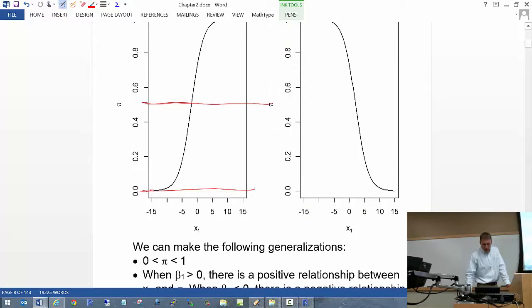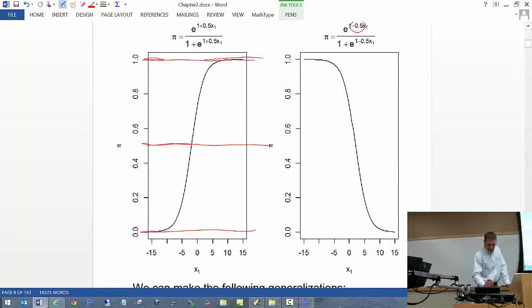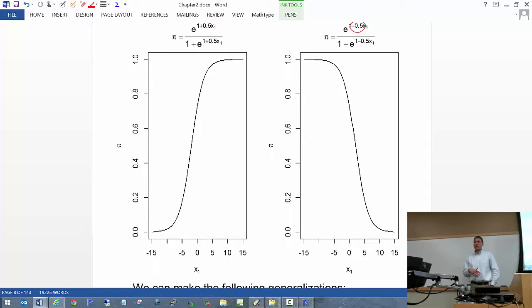I have some questions at the bottom of page 2.8. What's going to happen to this first plot with beta 1 equal 0.5 if beta 1 was increased, maybe to 1, 3, or 100? It gets steeper. Yes, steeper.